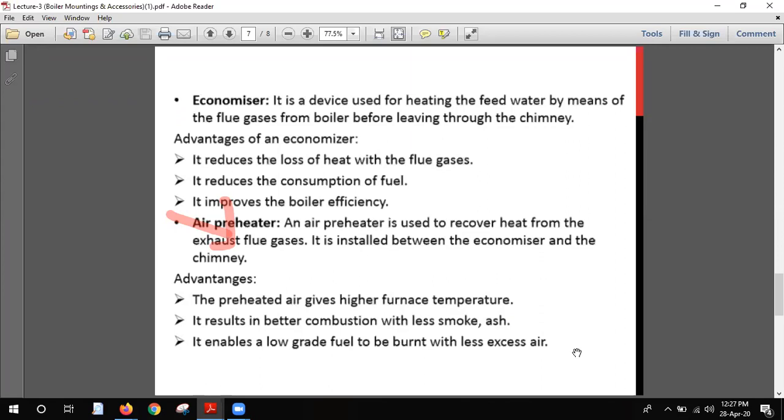So when it goes to the furnace, it will require less heat to make hot flue gas. Eventually we require less fuel to make that hot flue gas, and basically we are using that heat inside the system. Basically the overall efficiency is increasing.